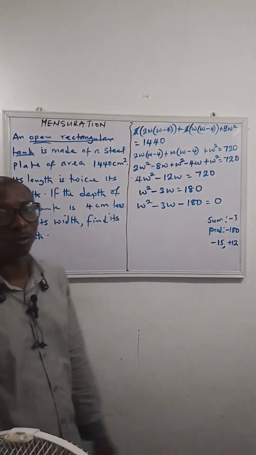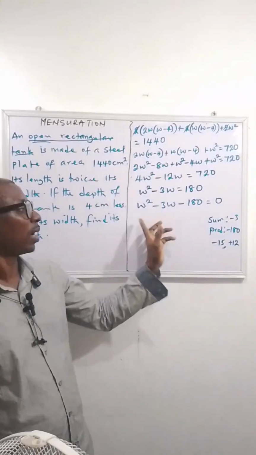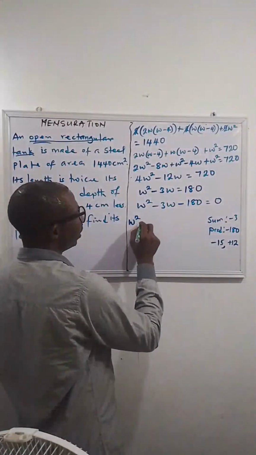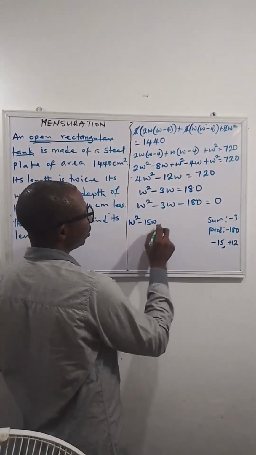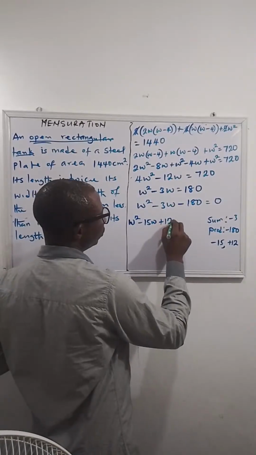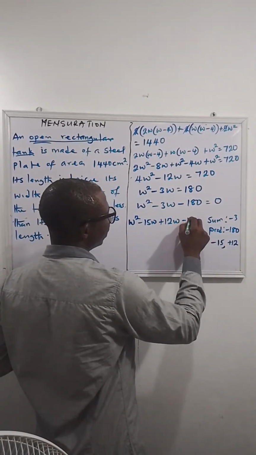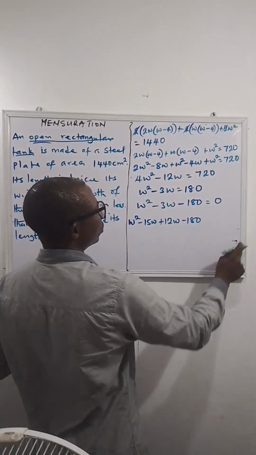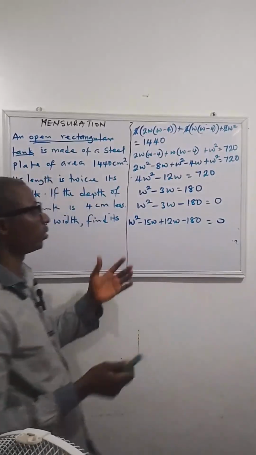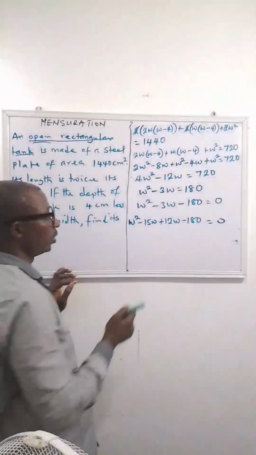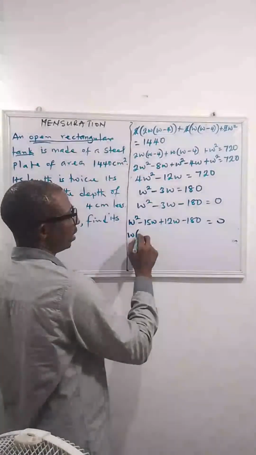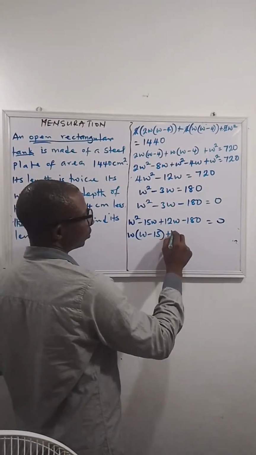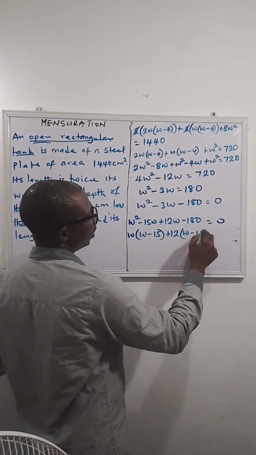All right, so now I'm going to change this equation to w squared minus 15w plus 12w minus 180 equals 0. Here you can factor out w. We have w, and you are left with w minus 15. Here what's common is plus 12, leaving w minus 15.